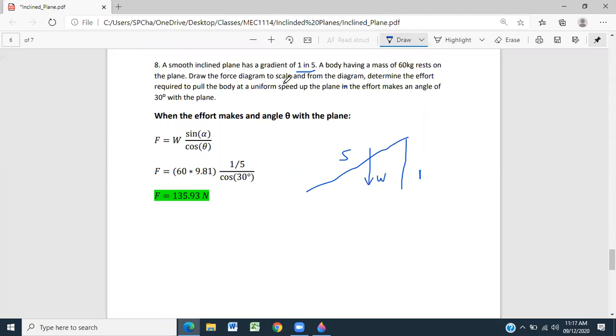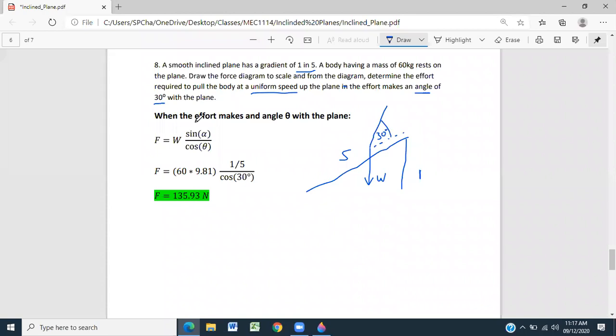But the effort required to pull the body at uniform speed up the plane, if the effort makes an angle of 30 degrees with the plane. The effort is making some angle theta, and in this case, it's 30 degrees, right?